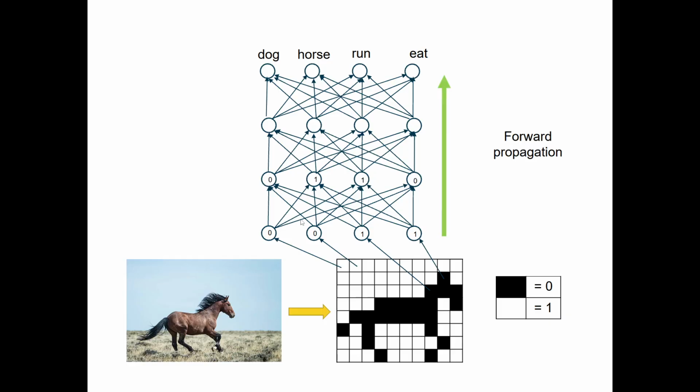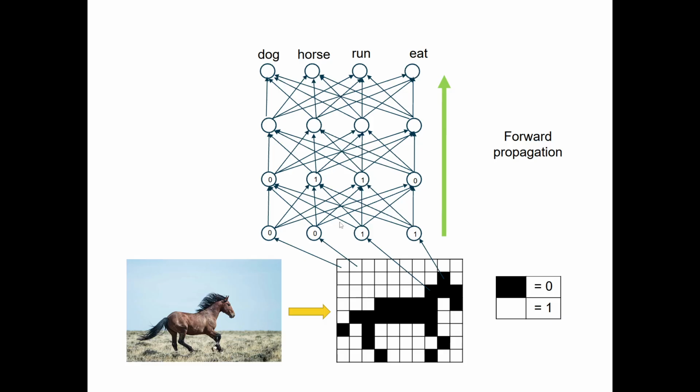So we put the values of each of our pixels in the first layer, and then, as I explained, each neuron behaves like a little calculator. Each of the inputs we see here, represented by an arrow, is associated with a multiplier, as we saw in the first images. So it will multiply the value of the neuron in the first layer by these multipliers.